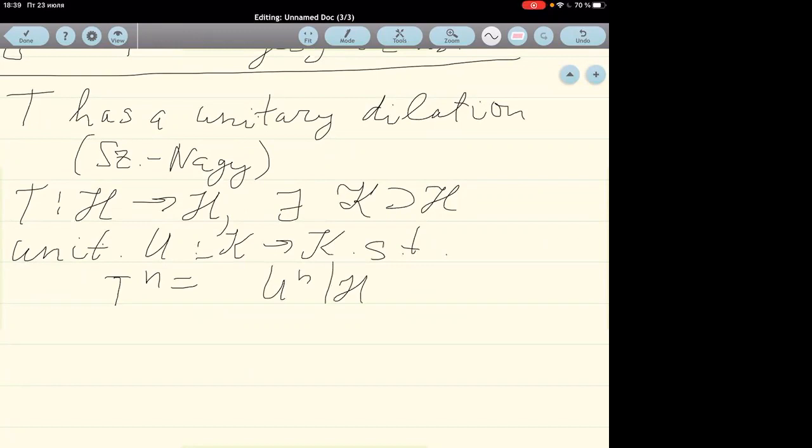We take the powers of U, restrict them to the subspace H and take the orthogonal projection to H. And this is true for all n greater than or equal to 0.